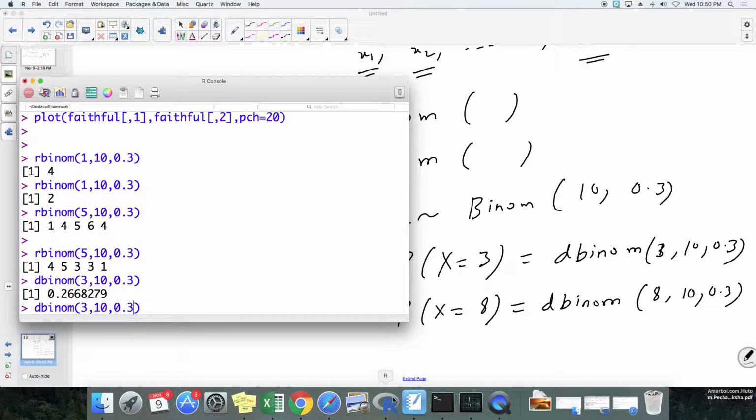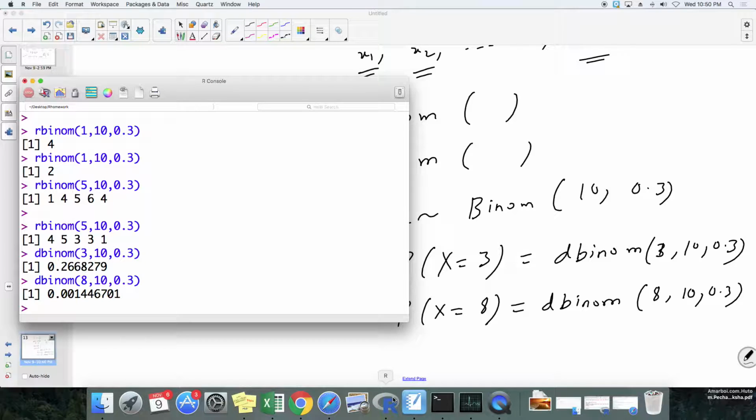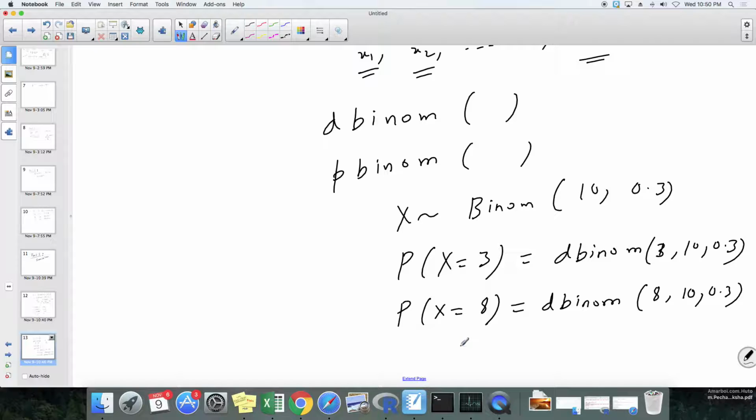And that's the probability. You can actually take out your calculator and put in the formula that I told you. The formula was n choose x, p to the power x, (1 minus p) to the power n minus x.